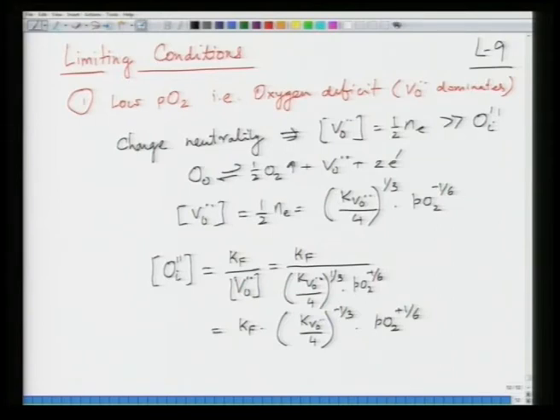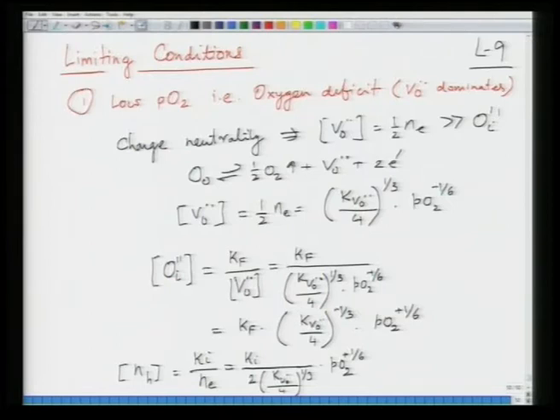And from the intrinsic ionization reaction, you can work out the concentration of holes. So, NH would be Ki divided by Ne. Now, Ne concentration is given by this reaction, the equation that we worked out. So, Ki divided by 2 into KVO divided by 4 to the power 1 by 3 multiplied by PO to the power minus 1 by 6.